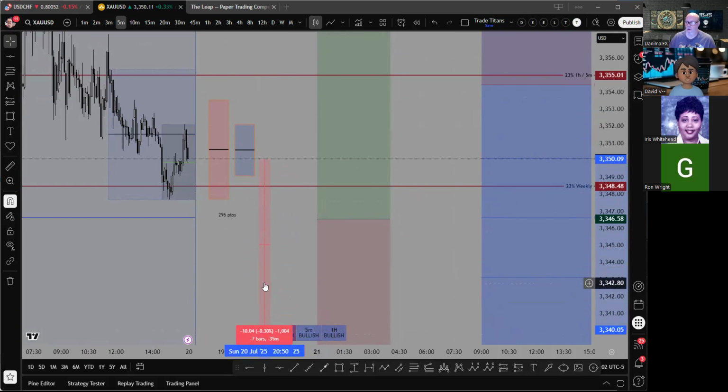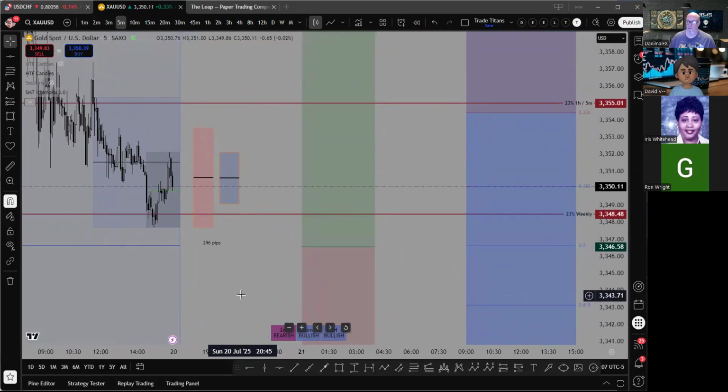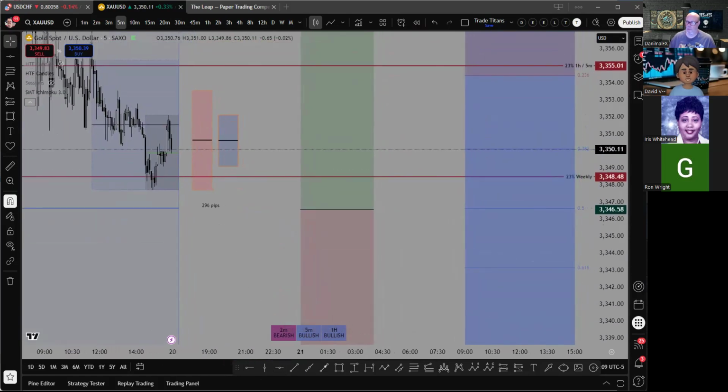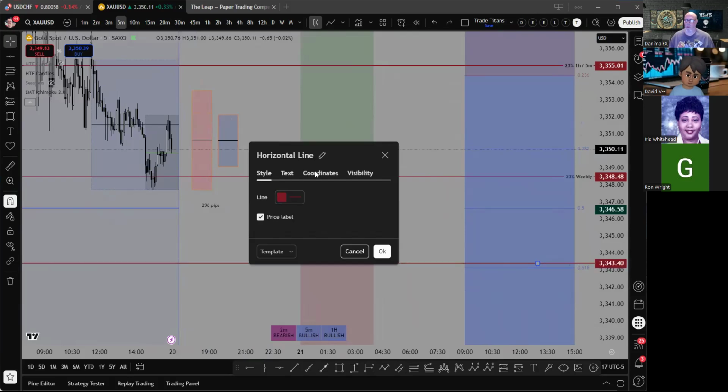Or it can go the other direction. So we're talking about 33.40. Where is that? 33.40. Target.